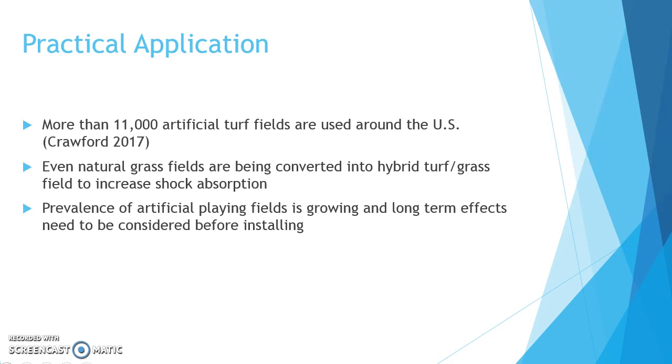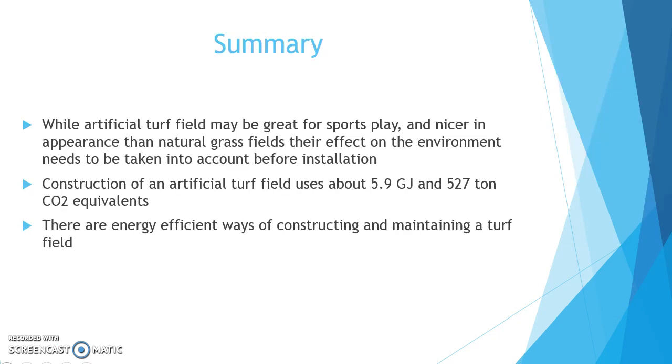Even natural grass fields are being converted into hybrid turf and grass fields to increase shock absorption, and the prevalence of artificial playing fields is growing, so the long-term effects need to be considered before installing. This study and application allows for that information, such as chemical exposure and construction usage, to be known and opens the door for more research on this subject.